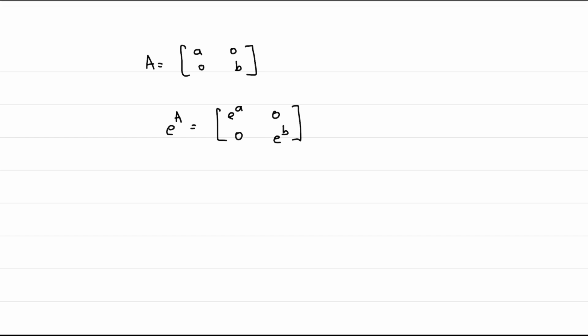Just think over, try to solve it. It looks very simple. Prove this from whatever I have given you, the definition of e to the power of A. Is it not looking very simple? If somebody gives a question, e to the power of A is what? If A is equal to a 0 0 b, then e to the power of A is equal to e to the power of a 0 0 e to the power of b.